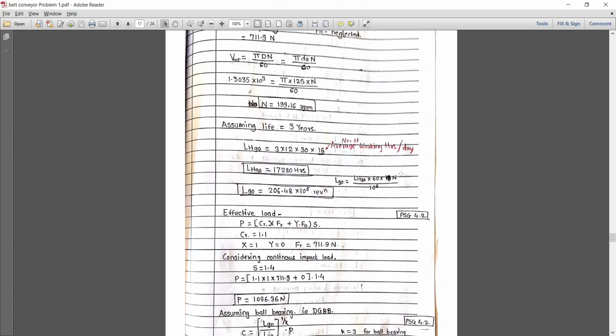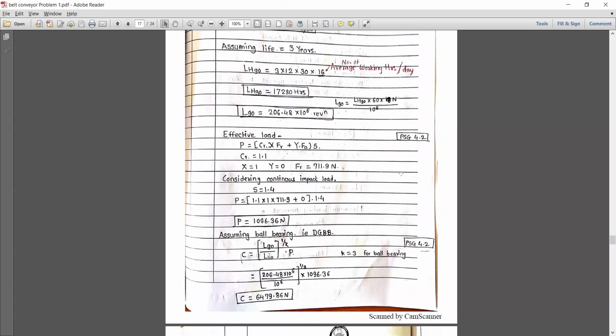Now, assuming the working life of the bearing as 3 years, LH90 is 3 into 12 into 30 into 16. Here 12 is the months, 30 is the days, and 16 is the average working hours per day.